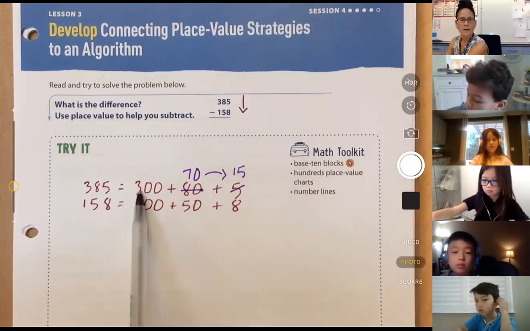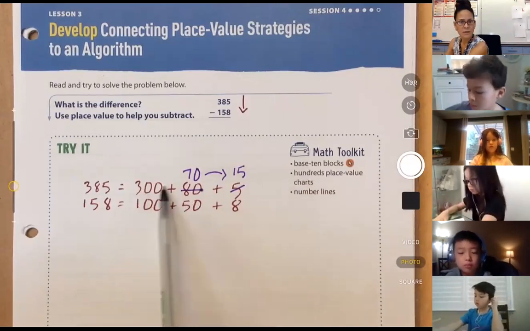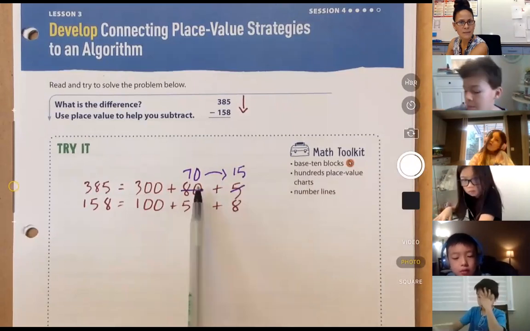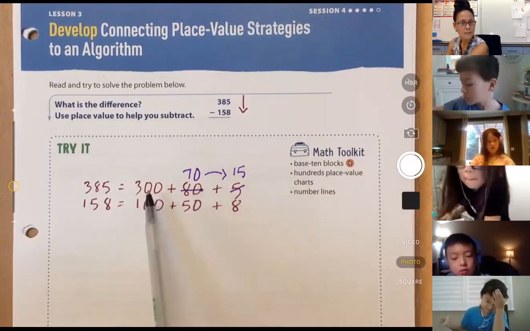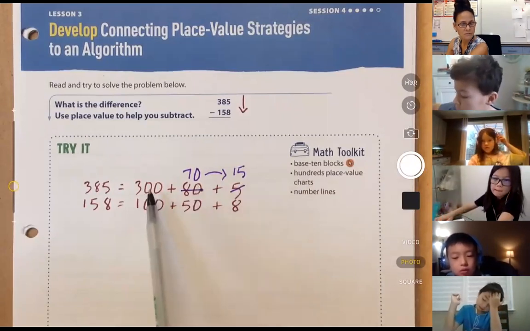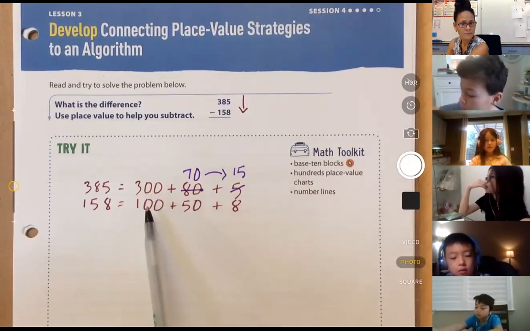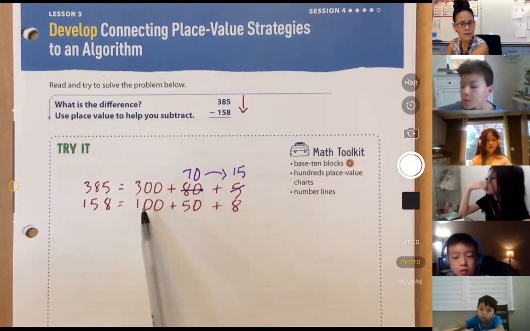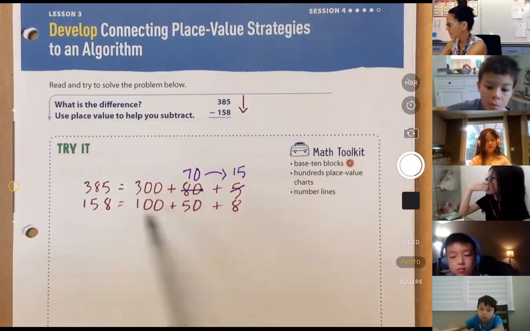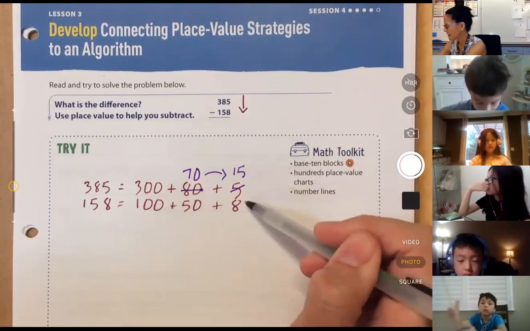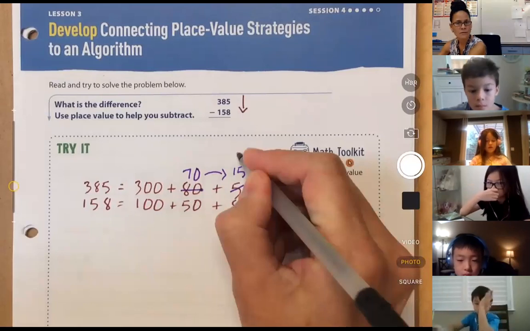All of these numbers, this expansion here at the top, these numbers in each of the respective places must be larger or equal to, at least, the number below it. So let's go by place and see if we just made that possible. Is 15 larger than 8? Yes, it is. Fantastic. Let's move on.